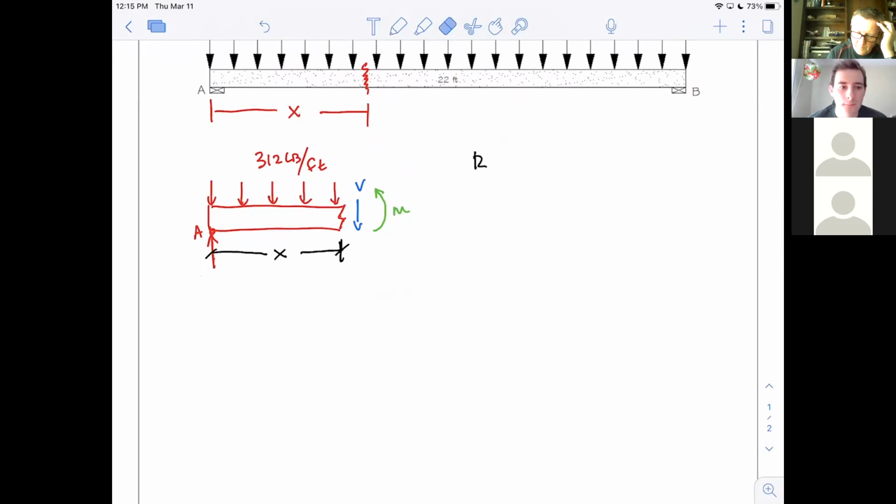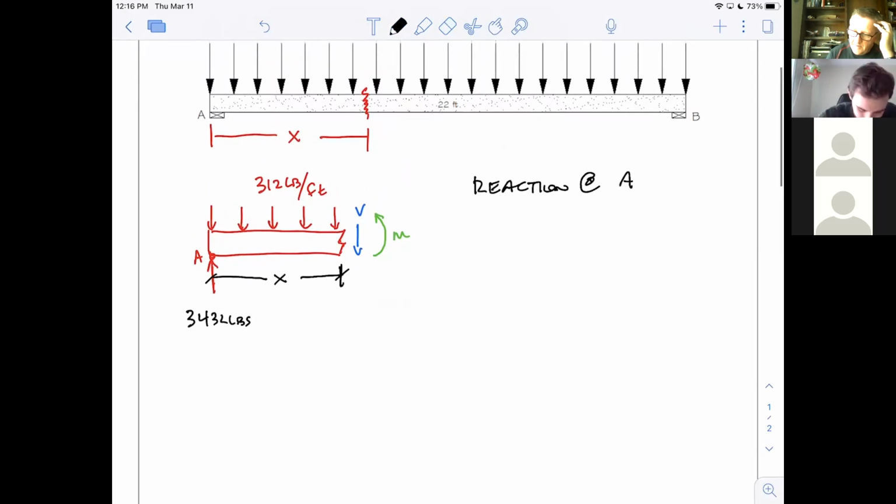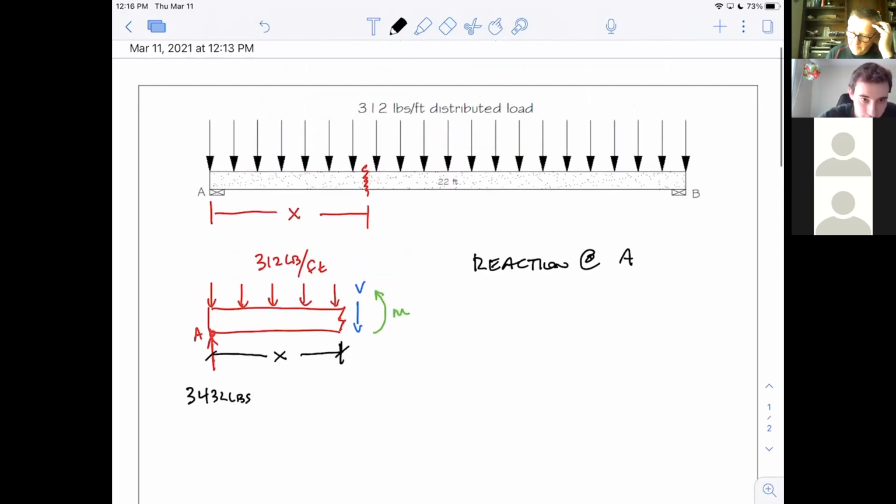I got the same thing. Okay. 3,432 pounds. So the first thing I've got to do is get the reaction at A. I would have taken 312 times 22, and that would have been all the load. And because this is symmetrical, I would have just cut it in half.